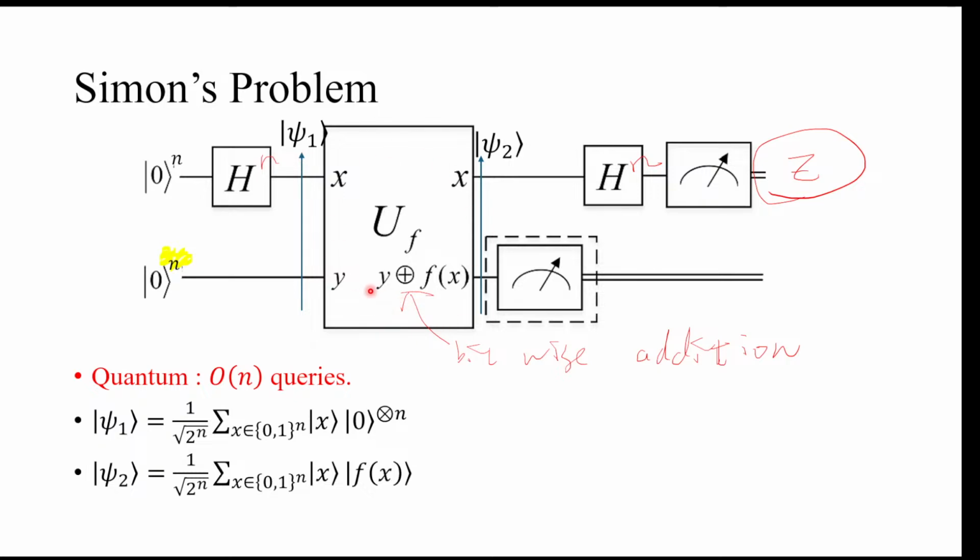The oracle we define for n-bit output takes x, y to y ⊕ f(x), where ⊕ is bitwise XOR: on every bit we do XOR between y and f(x).